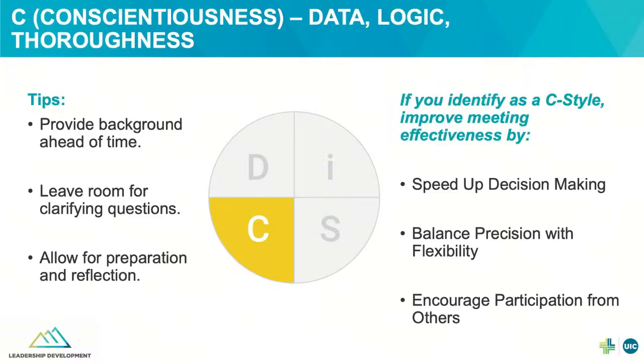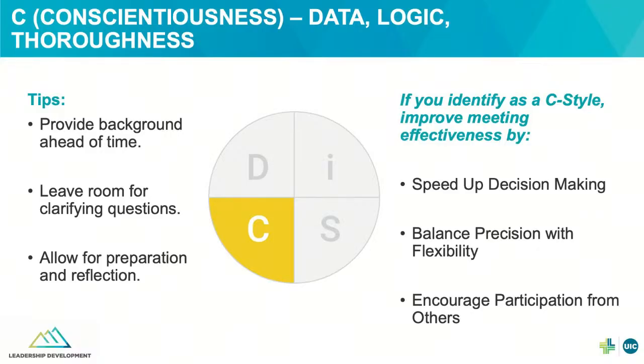If you yourself identify as the C style, in order to improve meeting effectiveness, speed up your decision making, right? While it's important and may seem imperative to thoroughly and effectively evaluate situations, you can sometimes get bogged down in the details or in things that slow decision making down.